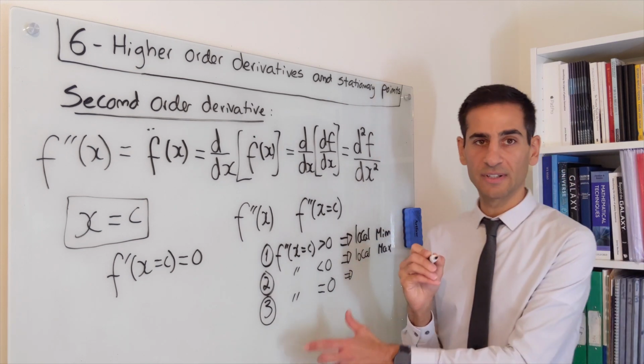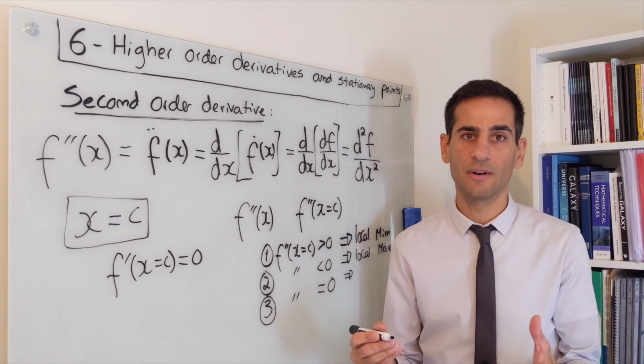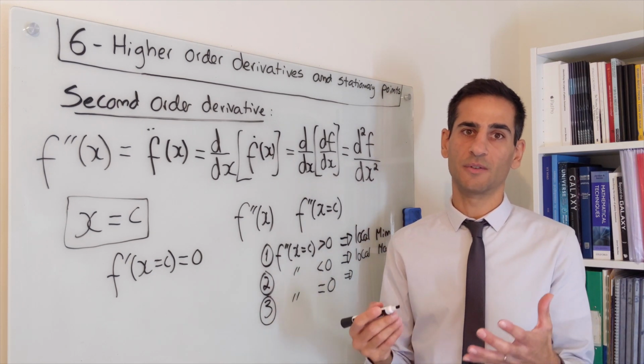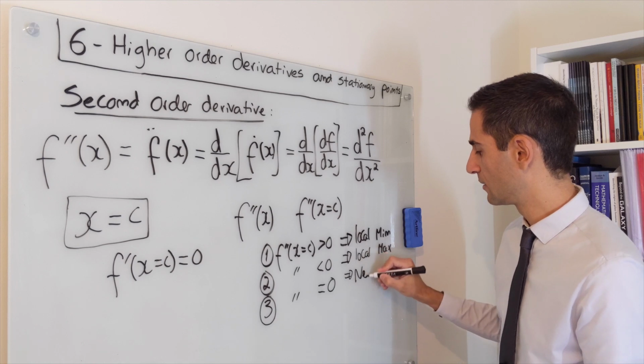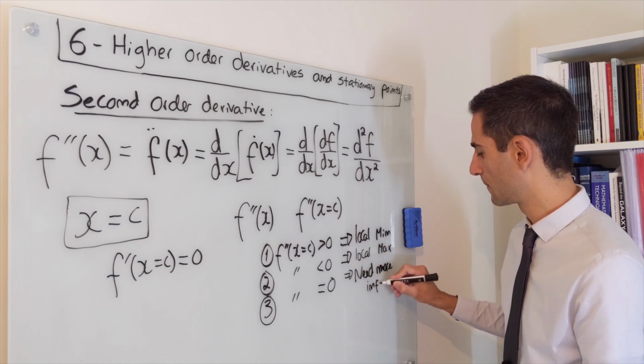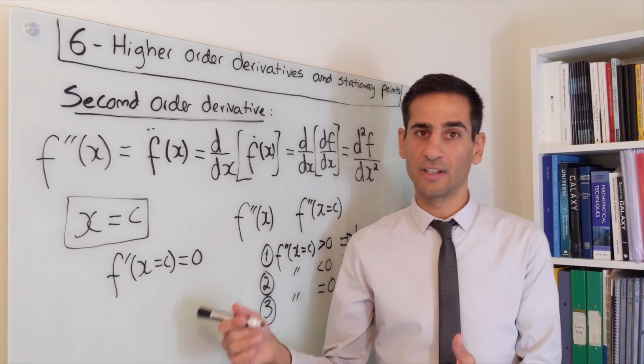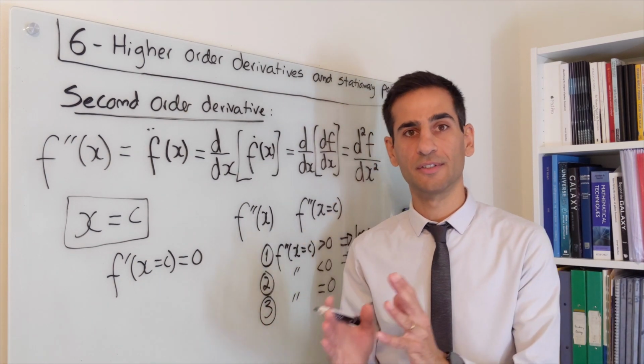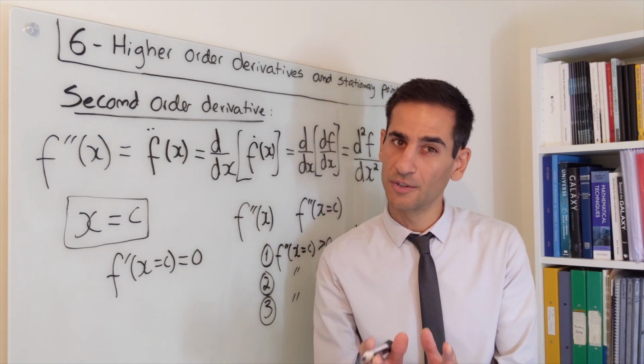The problem is when the second order derivative is 0, you can't really tell what's going on, so you need more information, such as evaluating the sign of the first order derivative just left and right of your stationary point.